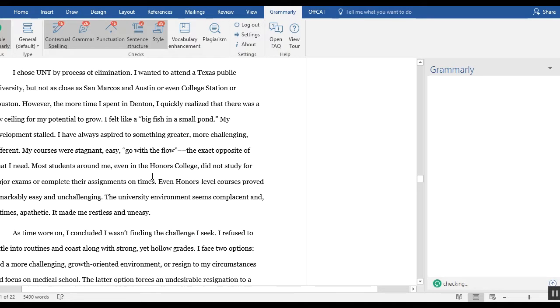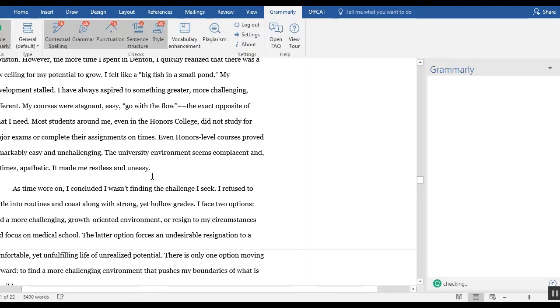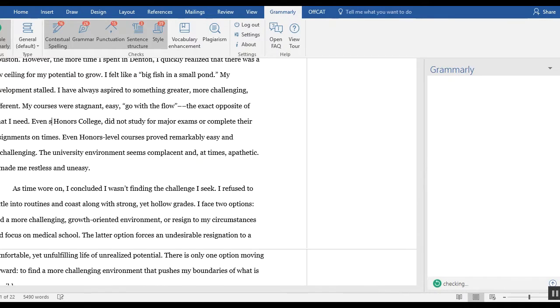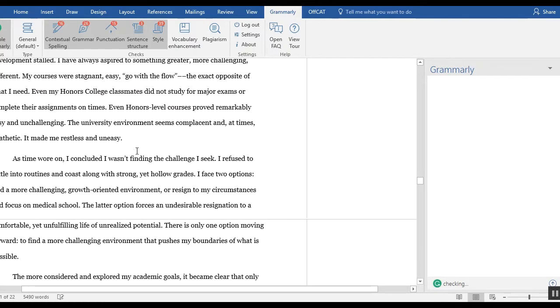My development stalled. I've always aspired to something greater and more challenging and different. Courses were stagnant, easy go with the flow. Even my honors college classmates did not study for major exams or complete their assignments on time.